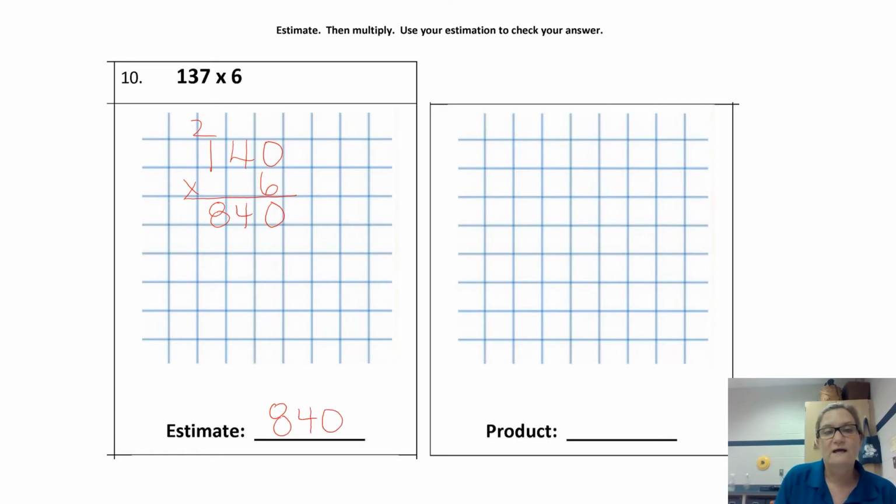For the estimates, there are lots of different ways to estimate. You could have estimated to 100, and then you could have estimated this to 10. But you see, that would be 1,000, and that to me is just too far away.